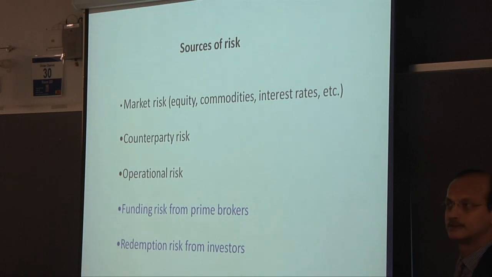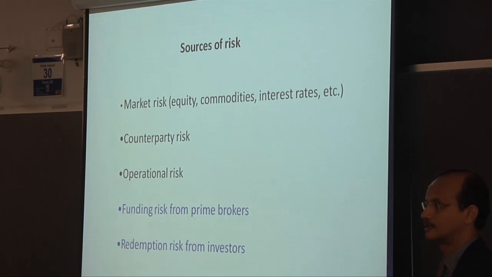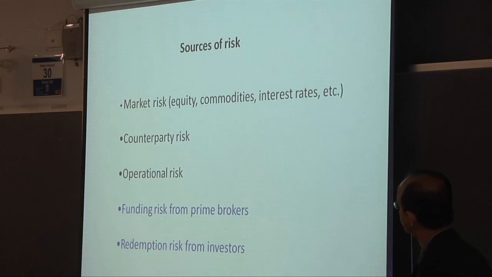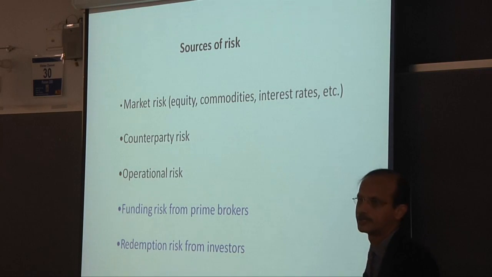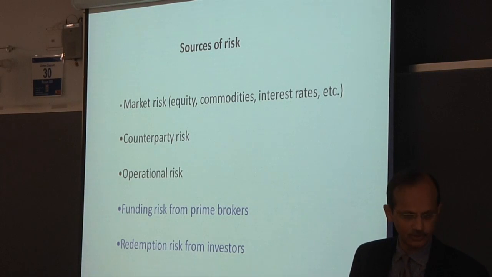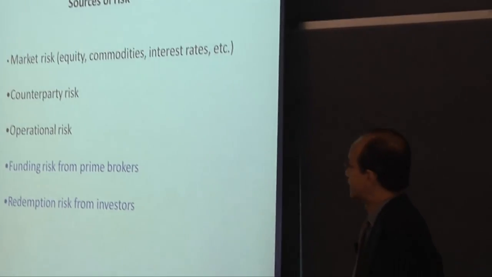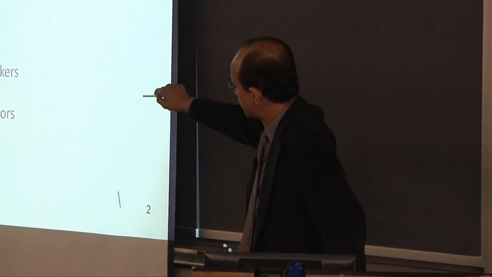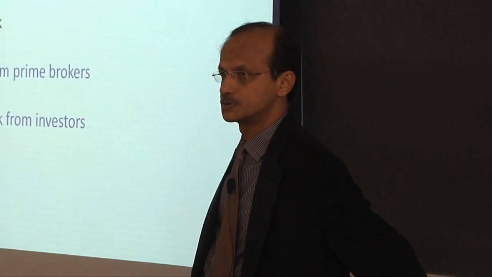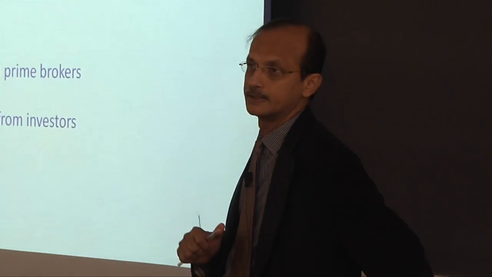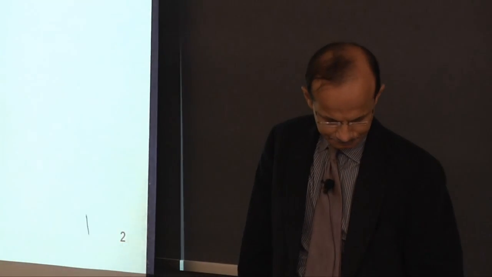Is it global macro, fixed income RV, long short, and so forth. So we then tend to focus on market risk, counterparty risk, what is the operational platform, and so forth. But the thrust of my research with John Dye is on the last two bullet points. What is the funding risk from prime brokers, and I'll be more specific about that, and redemption risk from investors.